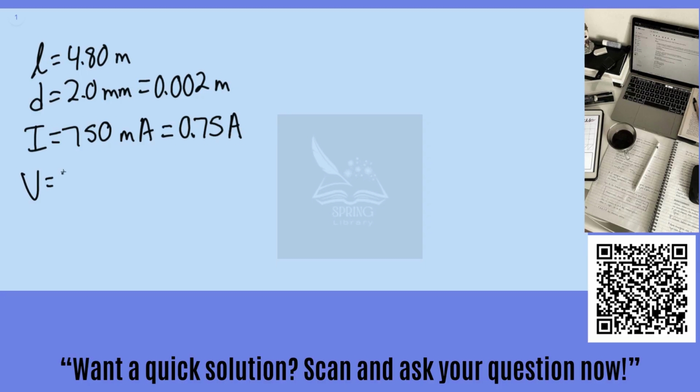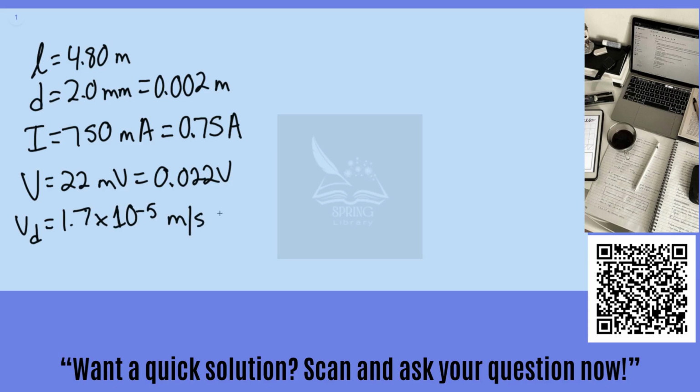We have a voltage of 22 millivolts, or we can say 0.022 volts. And our drift velocity essentially is going to be 1.7 times 10 to the negative fifth meters per second.